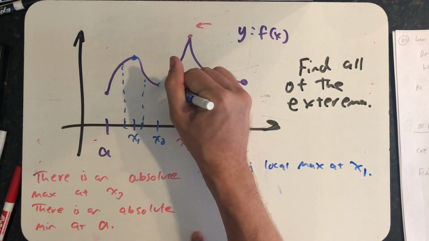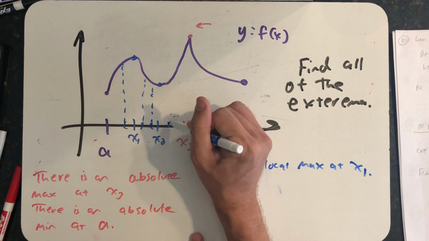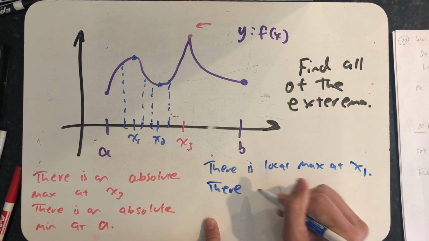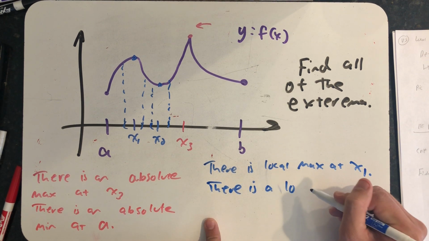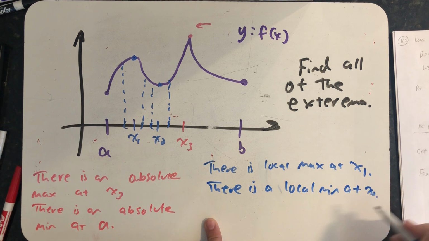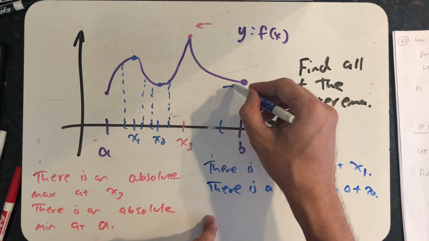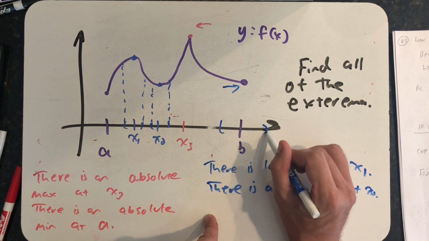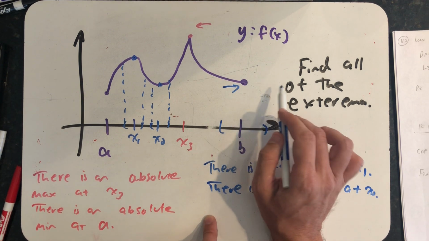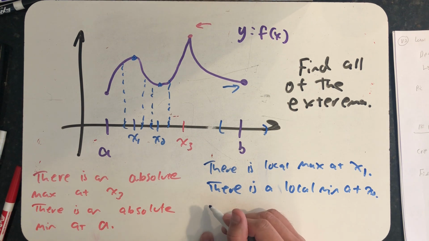And then if I look here at what I've called x2, I look at a small open interval around it, and that would be a lowest point on that open interval. There is a local min at x2. And here at B, if I look near B, this is a lowest point. And even if I imagined on the other side, there are no y values, and so that is still a low point because there aren't even y values over there. So there is a local min at B.